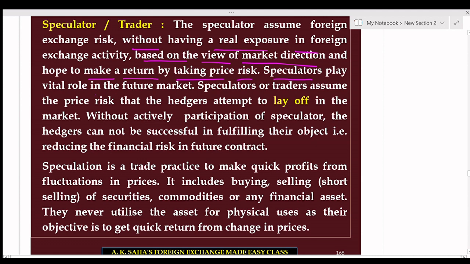Speculators play a vital role in the future market. Speculators or traders assume the price risks that the hedger attempts to lay off in the market. Without the active participation of speculators, the hedger cannot be successful in fulfilling their objective, that is reducing the financial risks in future contracts.